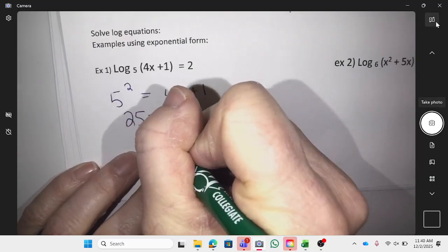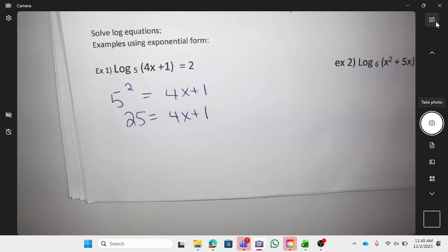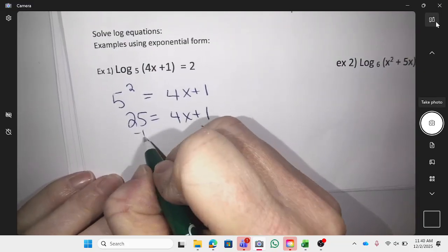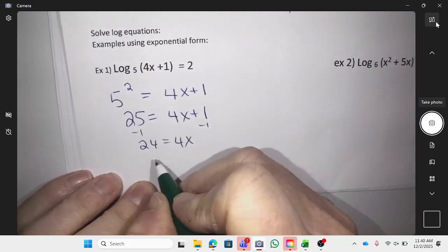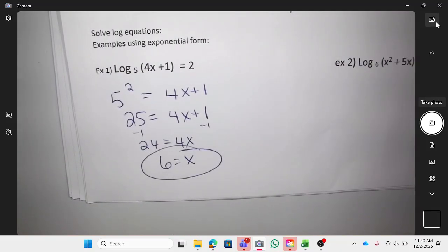So 25 equals that. We just switched the form and then we solved.